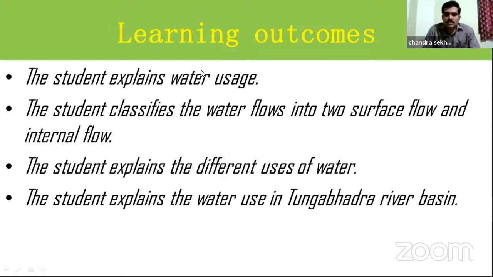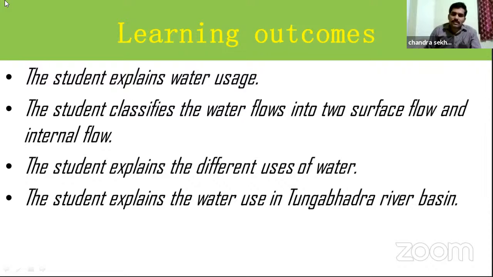The third is the student explains the different uses of water. The student explains the water use in the Tungabhadra river basin. In the previous class we discussed the Krishna river, a peninsular river. Tungabhadra is a major tributary of the Krishna river, so today we discuss the water use in the Tungabhadra river basin. These are the learning outcomes of today's class.